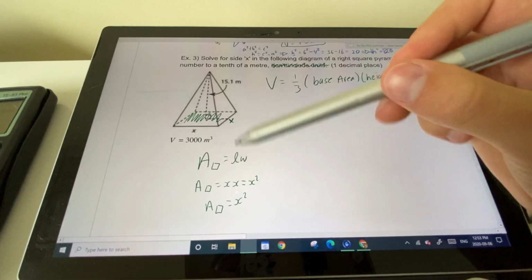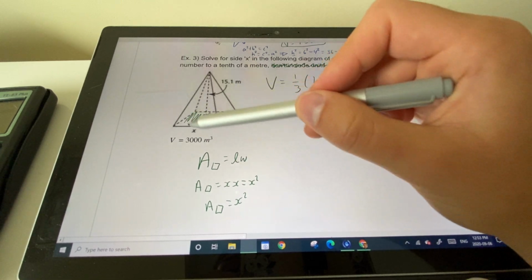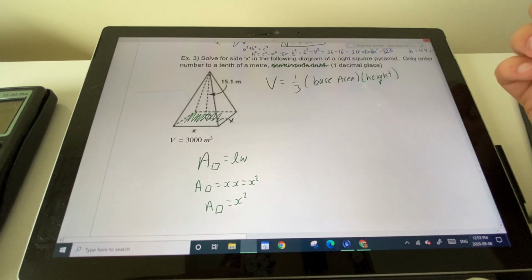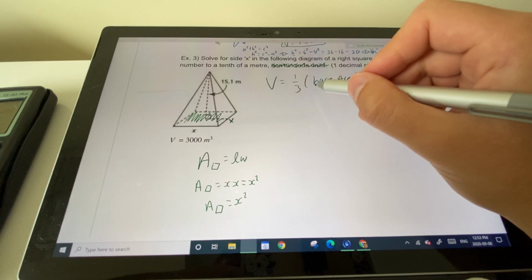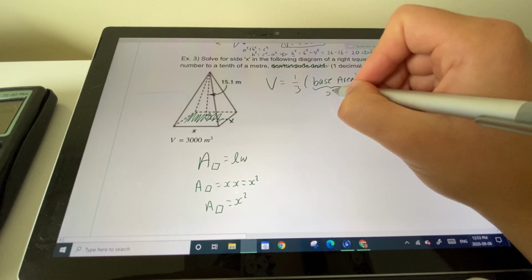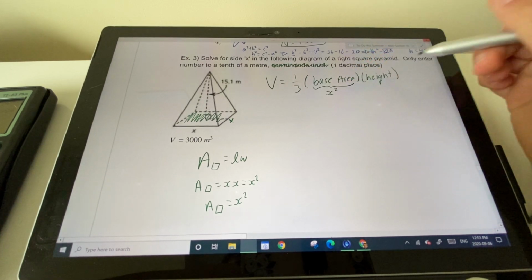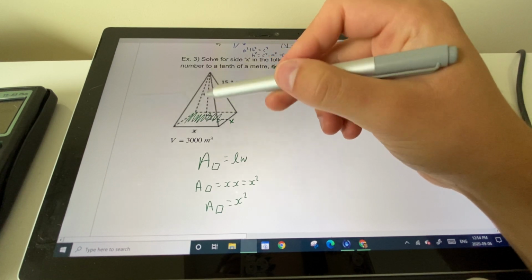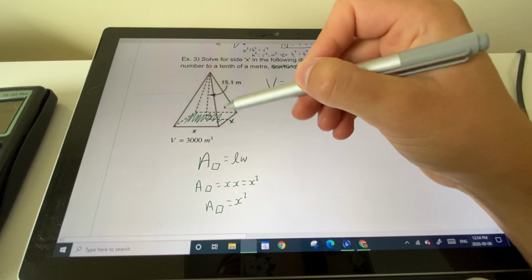Now make sure you understand that. We found the area of the base. It's x squared, that's what the area of a square is. What is the height? Well, it gave us the height. Remember, this is the height from the very top straight down, not the slant height.